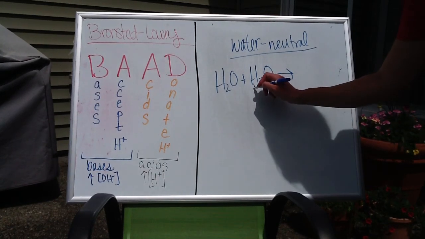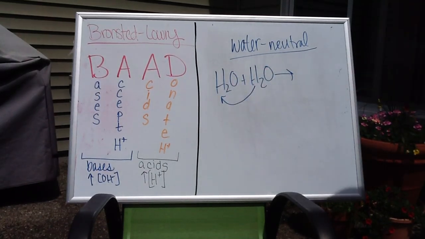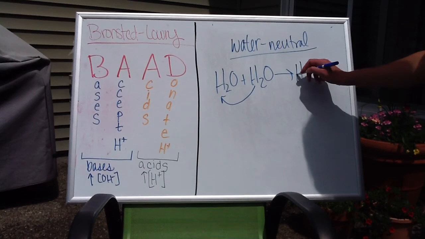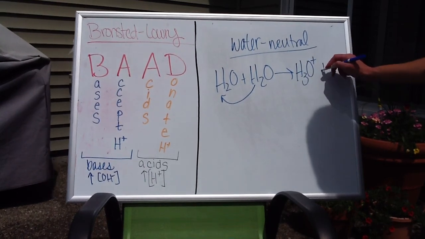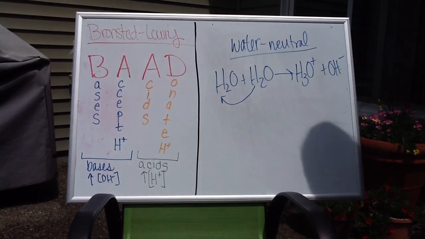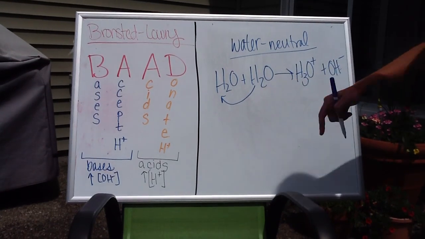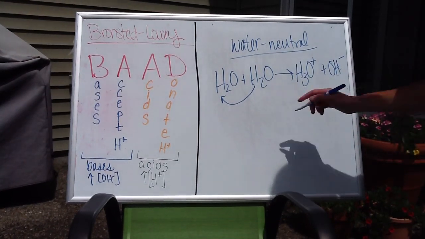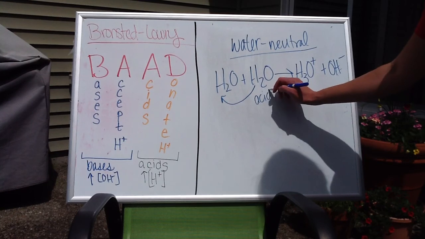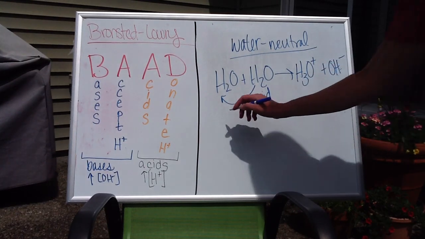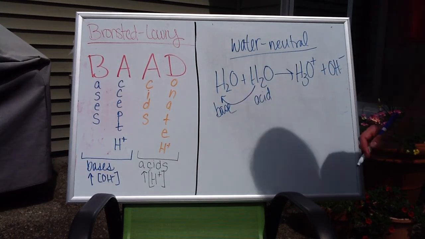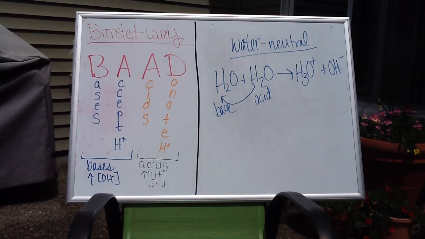One of these waters can donate a hydrogen to the other water. So when you do that, what you'll end up with is H3O+ and OH-. Notice this water is donating a hydrogen, so that makes this water the acid. This water over here is accepting a hydrogen, that makes this water the base. And you can basically think of water as being neutral because it's essentially equal parts acid and base.